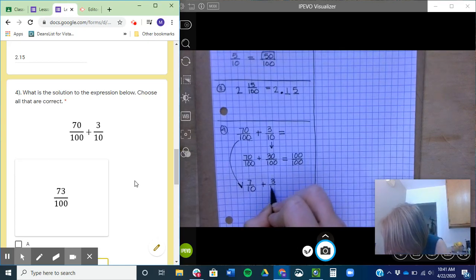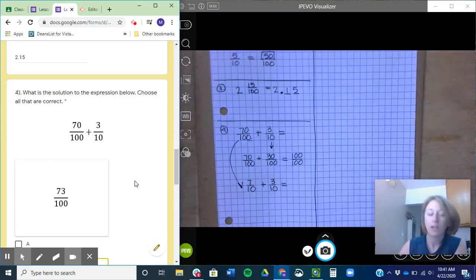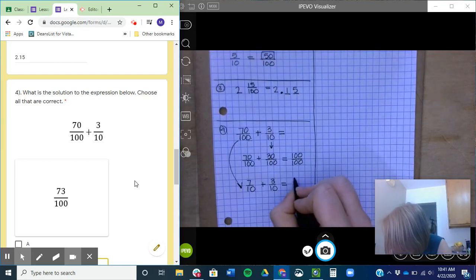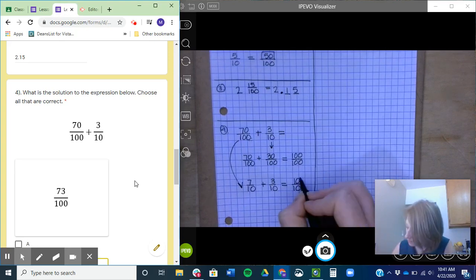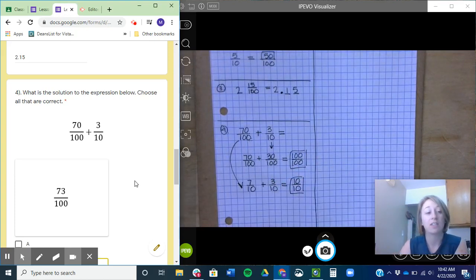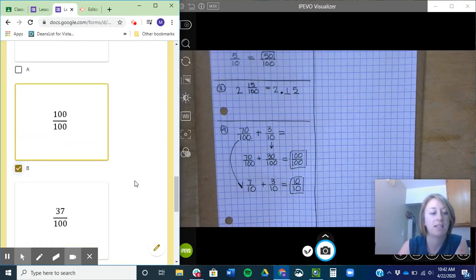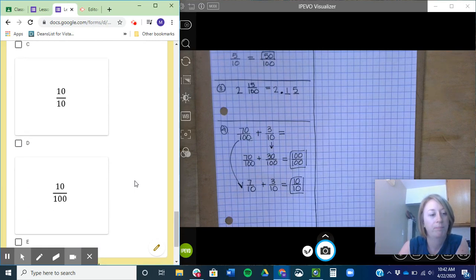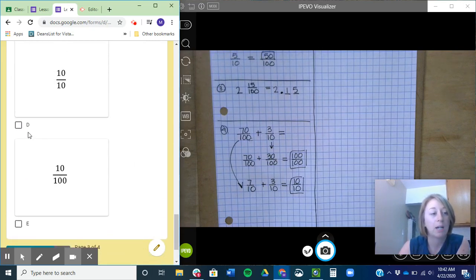We know that we need to keep the denominators the same, so 7 tenths plus 3 tenths is equal to 10 tenths. Looks like that's our second answer. Go ahead and find the choice that's equal to 10 tenths. Looks like that's option D.